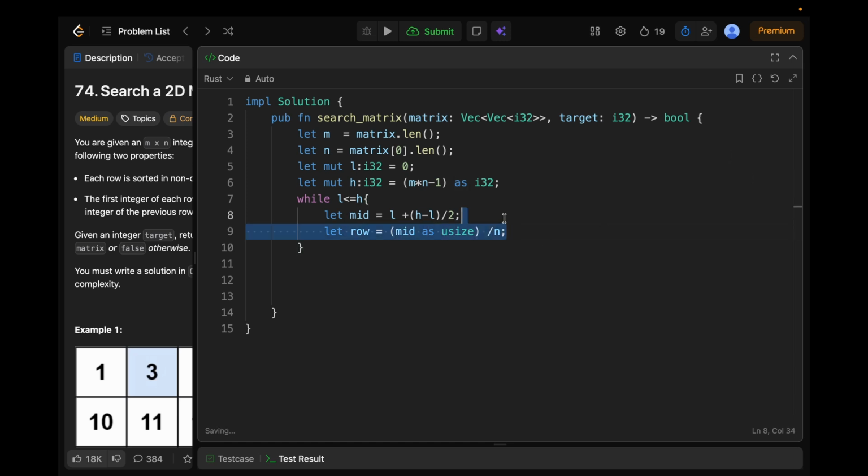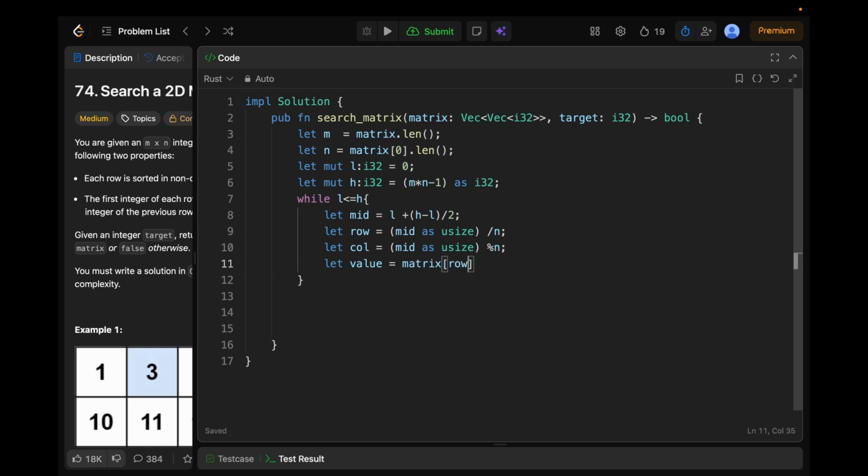Similarly I create column, so that will be mid modulo n. Now my value would be matrix of row comma column.